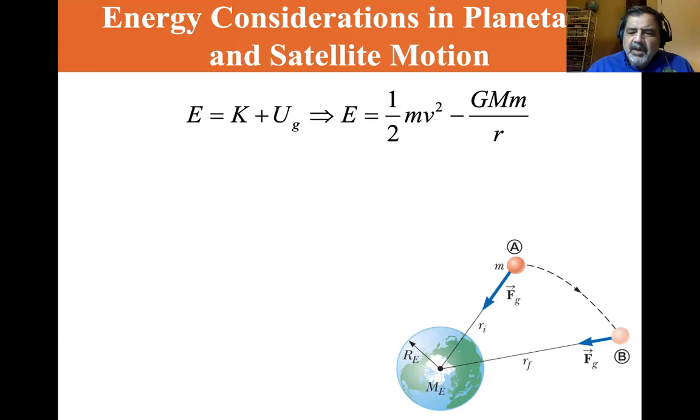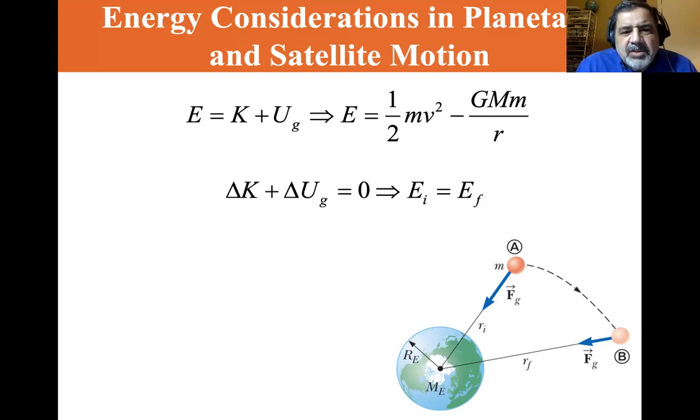divided by R. So the change in kinetic energy plus the change in gravitational potential energy is equal to zero. In other words, for isolated systems with conservative forces, the total energy is going to remain constant.